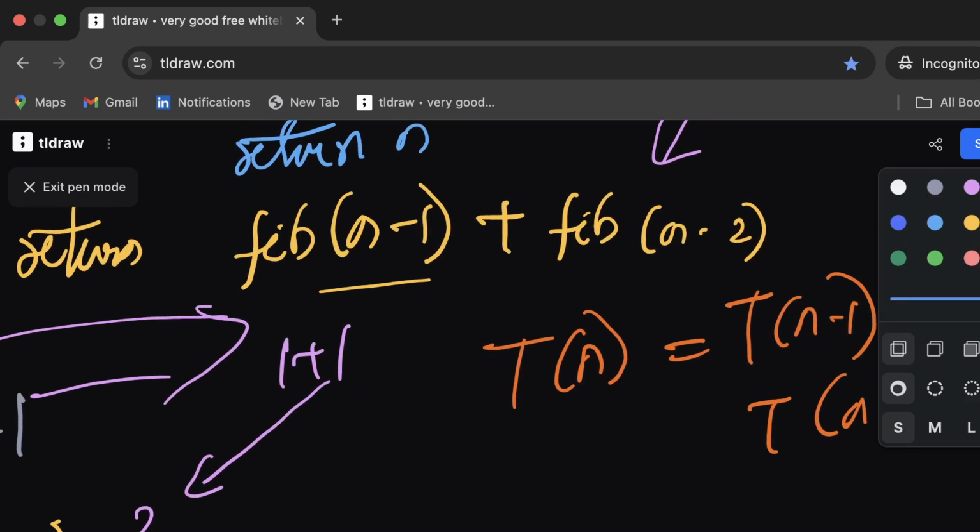So now the way the complexity is going to happen, the growth of the function, is going to be, because this T of n minus 1 is going to contribute to T of n, right?